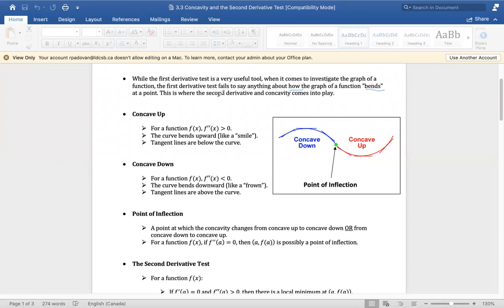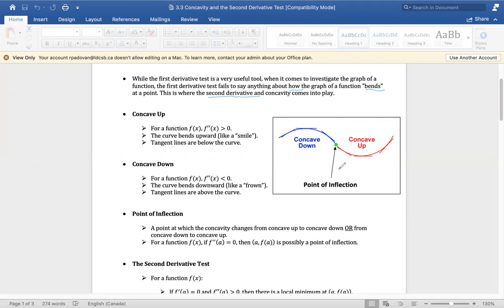This is where the second derivative test and concavity will come into play. The first derivative test, that chart that we did, tells us about the local extrema, but it does not tell us how the function bends at a certain point. So let's talk about concavity here.